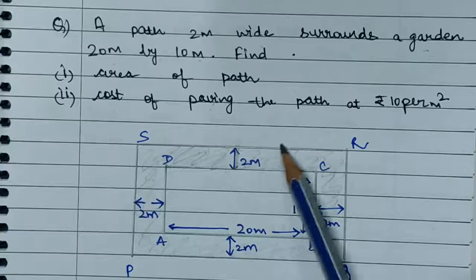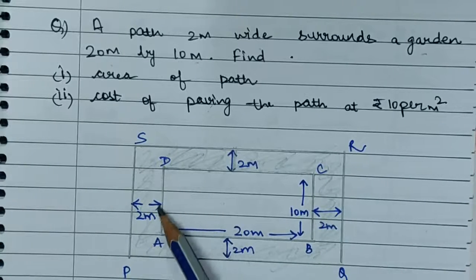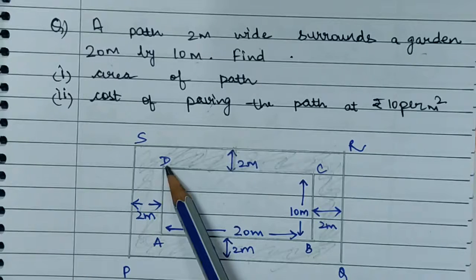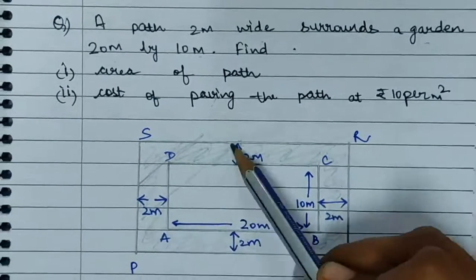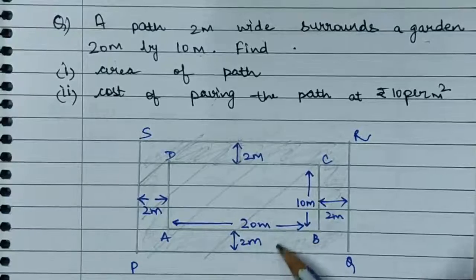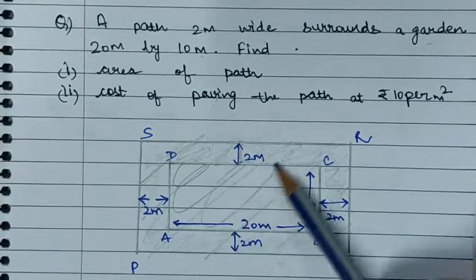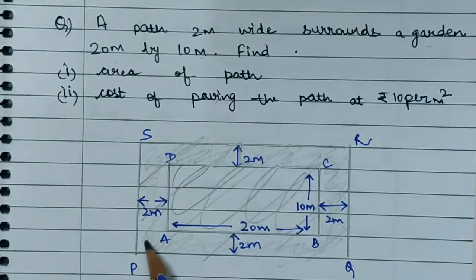If I find out this whole area and then area of ABCD, and if I subtract them, then I will get this shaded area.